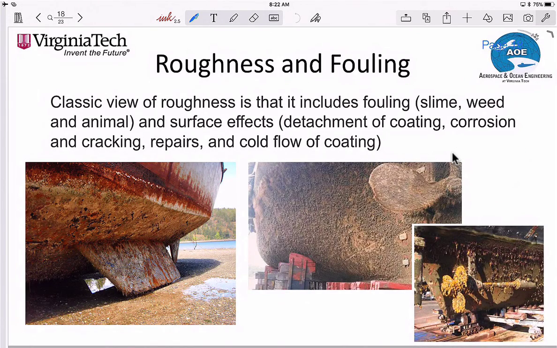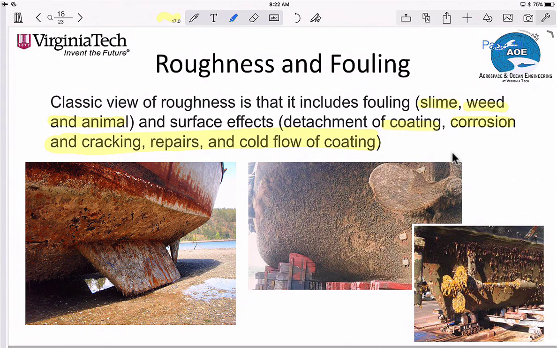Another very important concept in resistance is the idea of roughness and fouling. The marine environment is brutal, and what that means is that we get roughness due to fouling and surface effects. Fouling includes slime, weed, and animal materials, and surface effects include coatings, corrosion, cracking, something called cold flow of coating, where the coating fails.